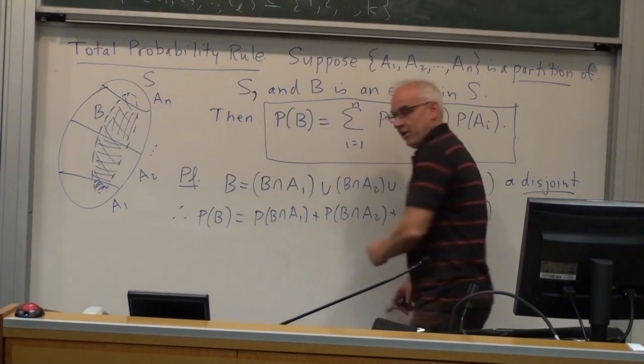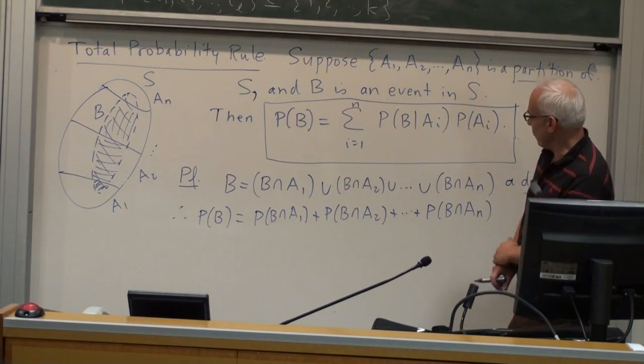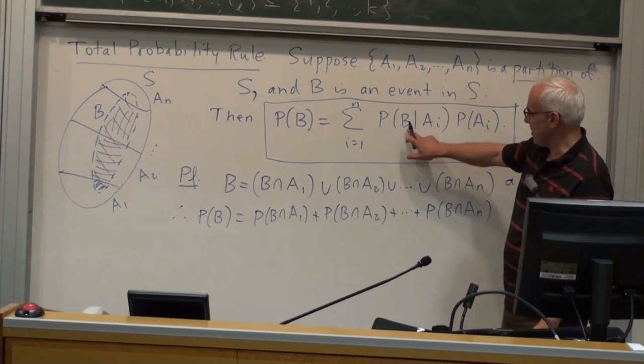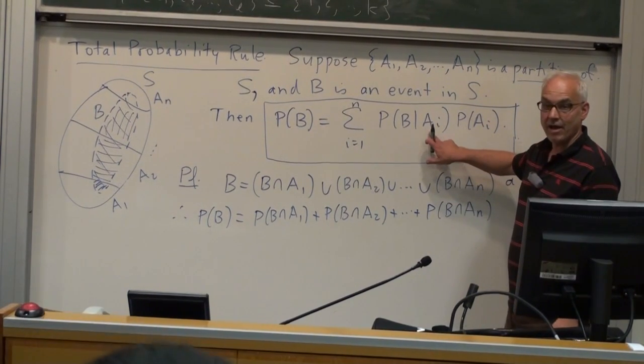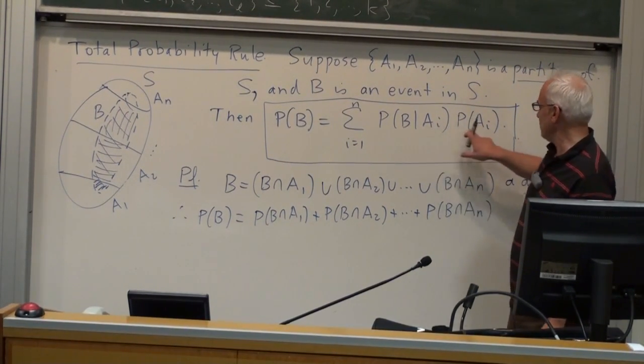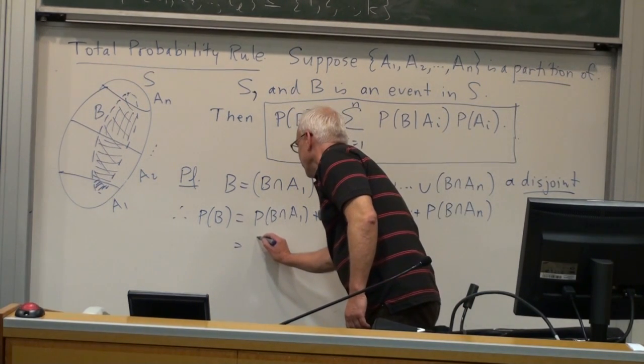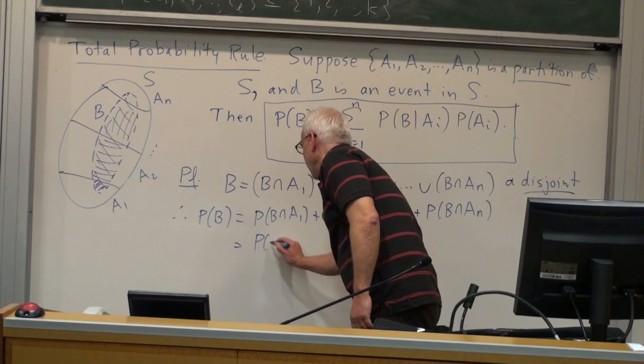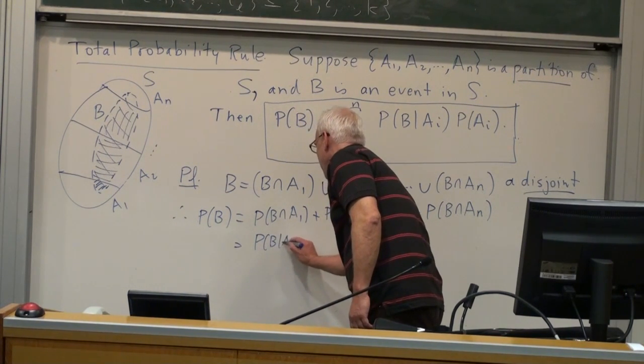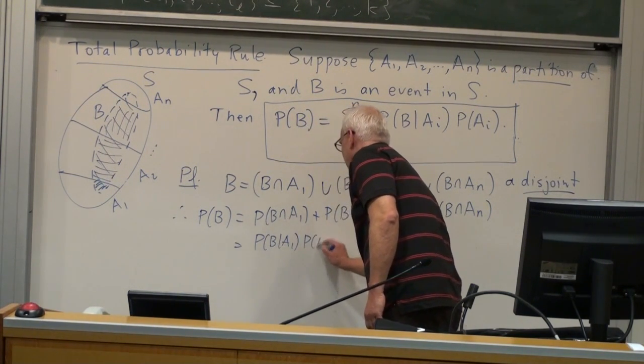But what is the probability of B intersect A1? We can write that as the probability of B given A1 times the probability of A1.